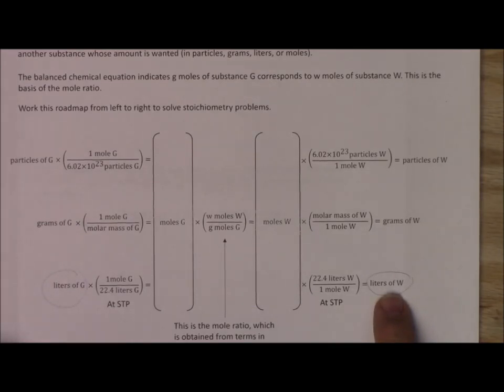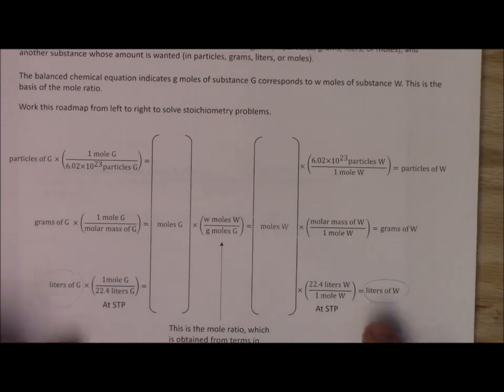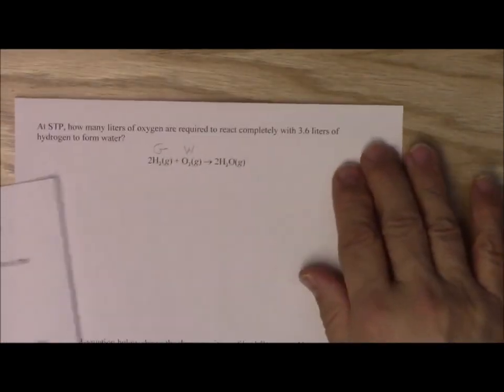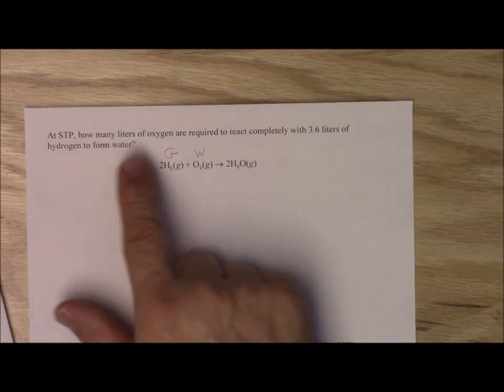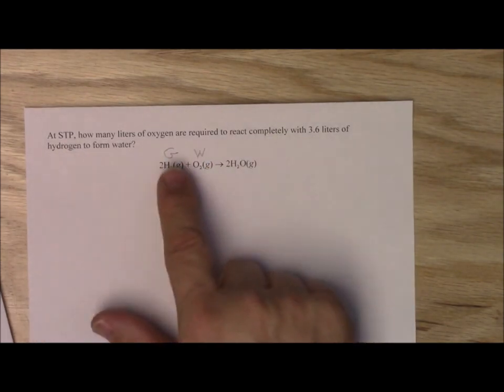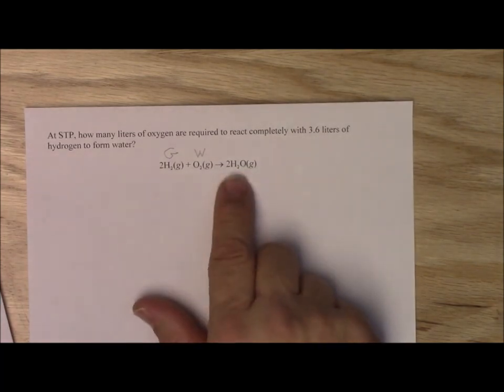That only works if the given substance and the wanted substance are obviously gases and they're at the same temperature and pressure. Well, in this problem statement it says at STP, so we can assume they mean both the reactants and the products are at STP.